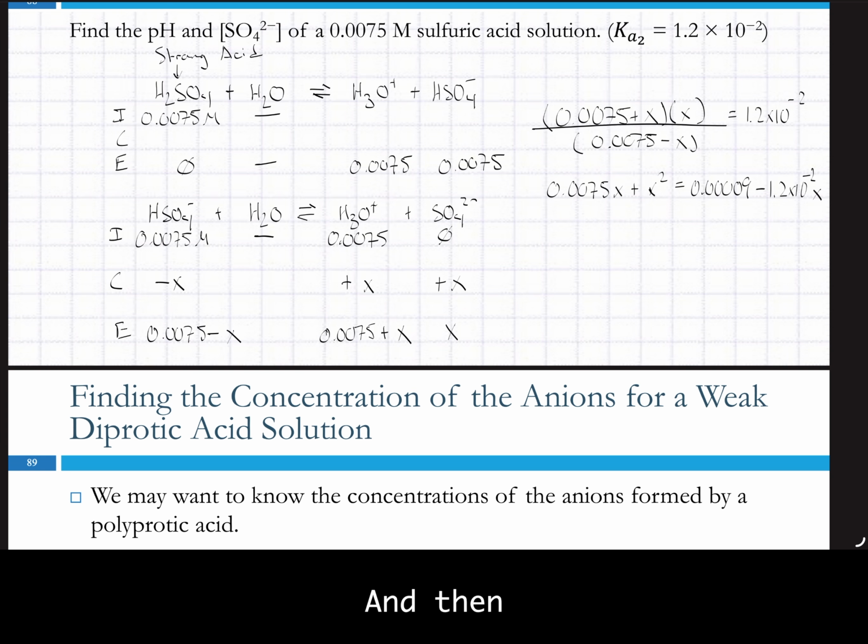And then that plus this is 0.00759. No, it's not.